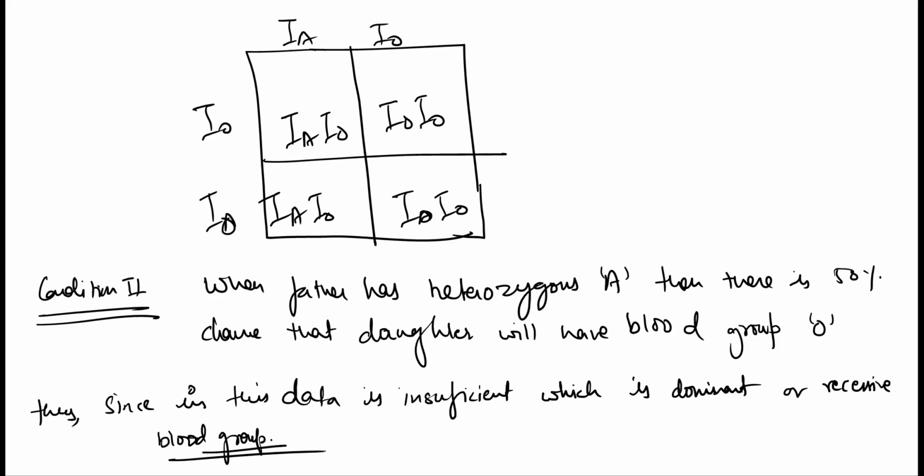Done, sir. Now the next is sex determination. If I talk about sex determination, there are two factors responsible for male and female in animals. There are some environmental factors too, like incubation temperature.